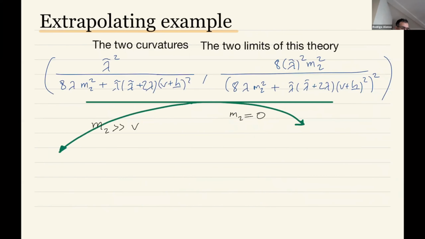In particular, we can expect two limits that will give us two different effective field theories. One of them is slightly more familiar. If we take this mass M2 to be much larger than V, then you can expect, at least naively, the mass of the singlet S to go to infinity. You can work this out explicitly from the potential.